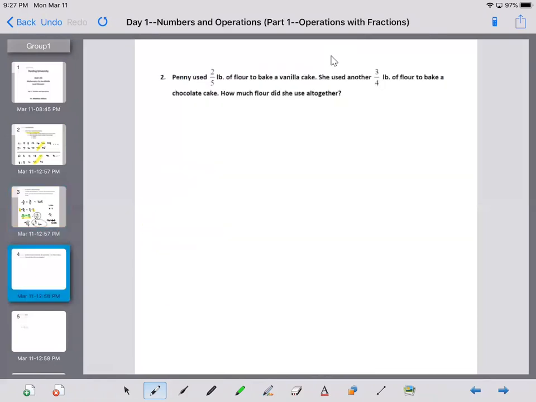Penny used 2/5 of flour to bake a vanilla cake. She uses another 3/4. How much did she use altogether? So again, we're looking at an LCM of 5 and 4, which we would say the LCM would be 20. So my n divided by n would be 4 divided by 4.